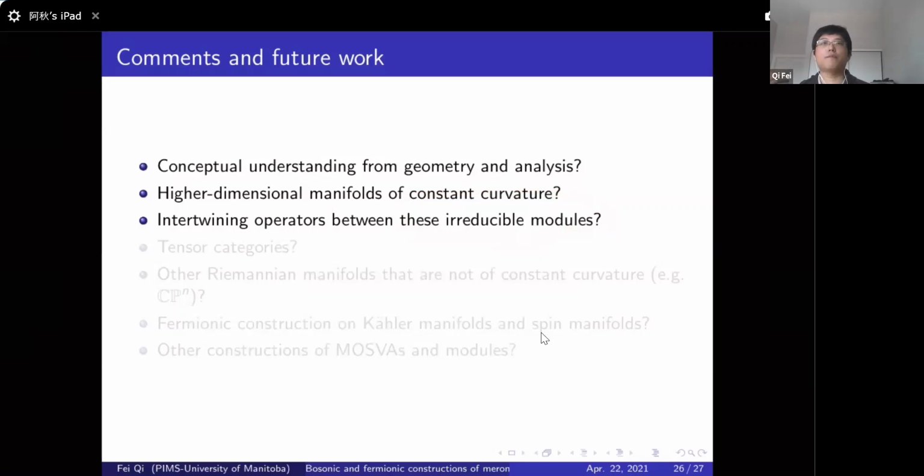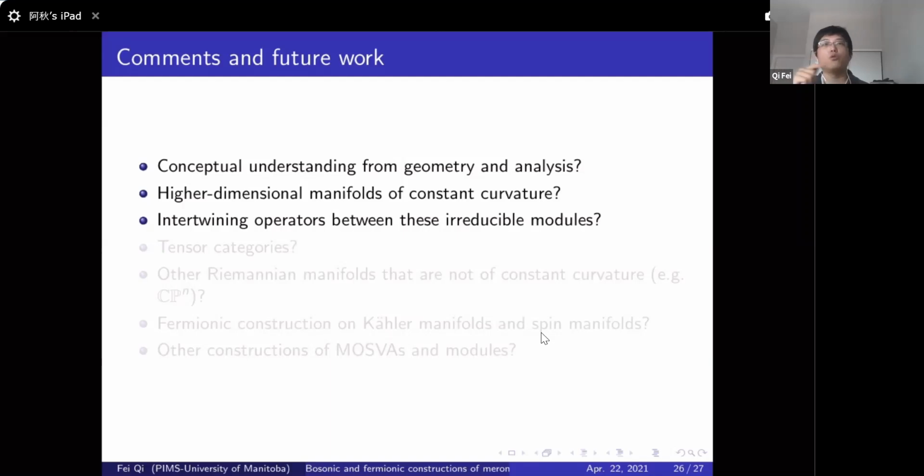But because the curvature is non-zero, the usual way that works for lattice VOAs doesn't work really well. A lattice VOA can be interpreted as a construction on the torus, which has curvature 0.